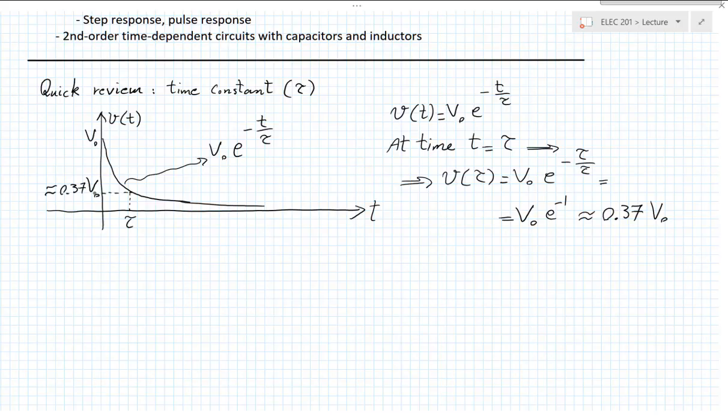Okay. Now, there are very few things to memorize in this course, but this is one of them. And it's not just for this course. This is something to know, what a time constant means, because it's not a concept you encounter only in circuits, but in essentially any branch of science and engineering. Okay.